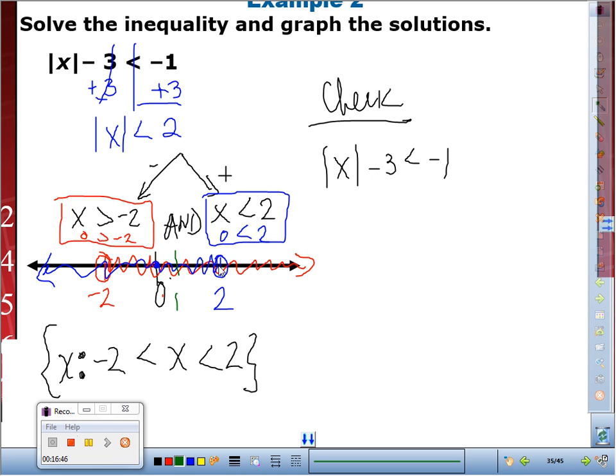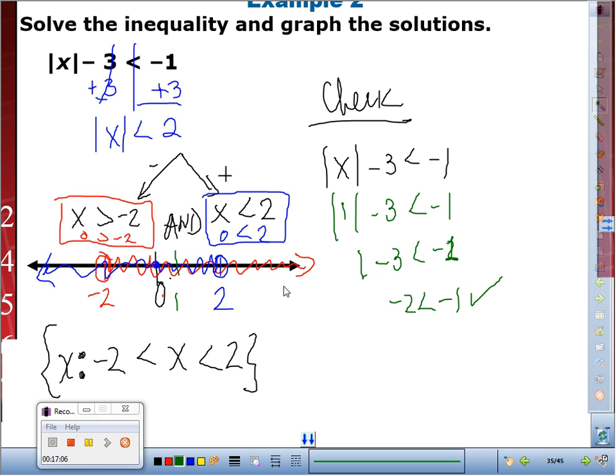Yes. Yeah, so let's test 1. Absolute value of 1 is 1, minus 3 is -2, less than -1. Is -2 less than -1? Yes, that is correct. So that does work.